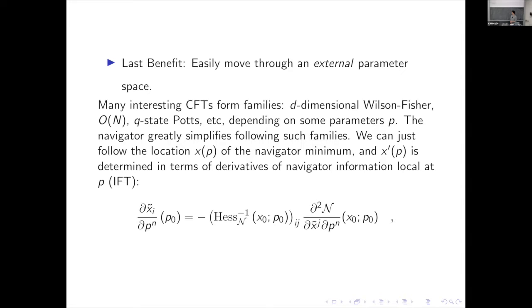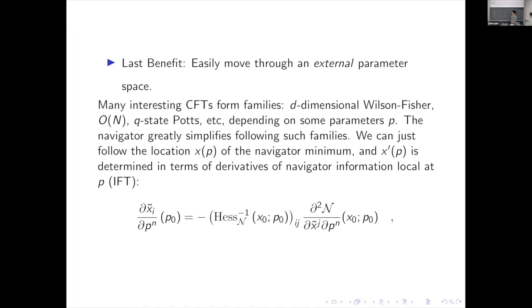If we've found the minimum of the navigator function for some value p, then we know that the variation of this minimum with respect to the external parameter is just going to be a function of derivatives of the navigator function at the minimum. This takes maybe 2 or 3 lines to demonstrate.